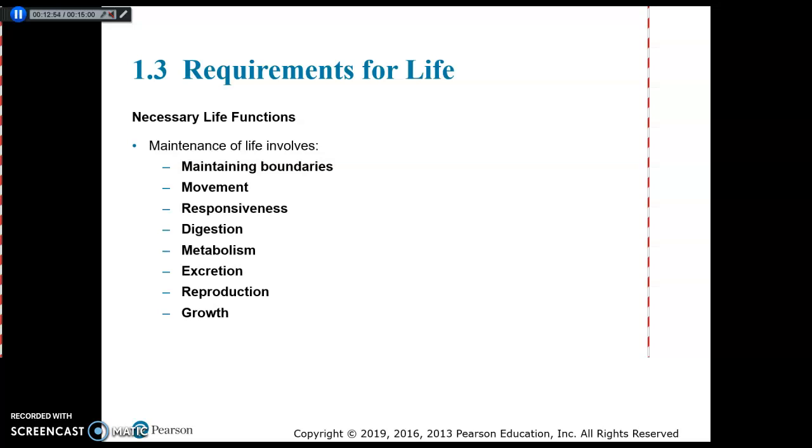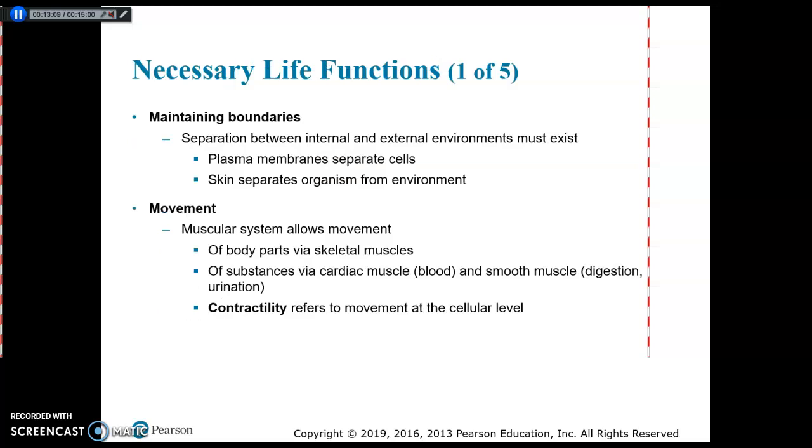It can be in the form of urine or sweat, but it's the removal of waste that if it built up, would be toxic. Then there's reproduction and growth. Growth would also include stages of development. So there are all these notes on these different topics, but the main thing is that you understand that these are necessary for human life.